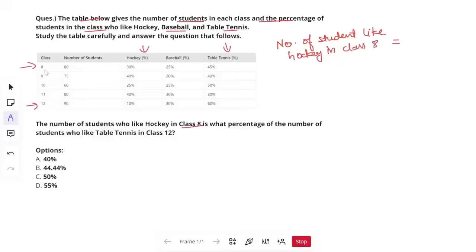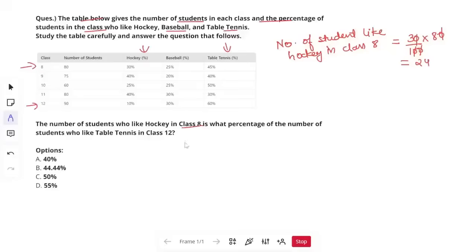If you see, class 8 is this and hockey is 30%. So 30% of 80 students like hockey. We can write 30% in this way, and of 80 will be this one. If we cancel out the zeros, 3 8s are 24. There are 24 students who like hockey and they are in class 8.